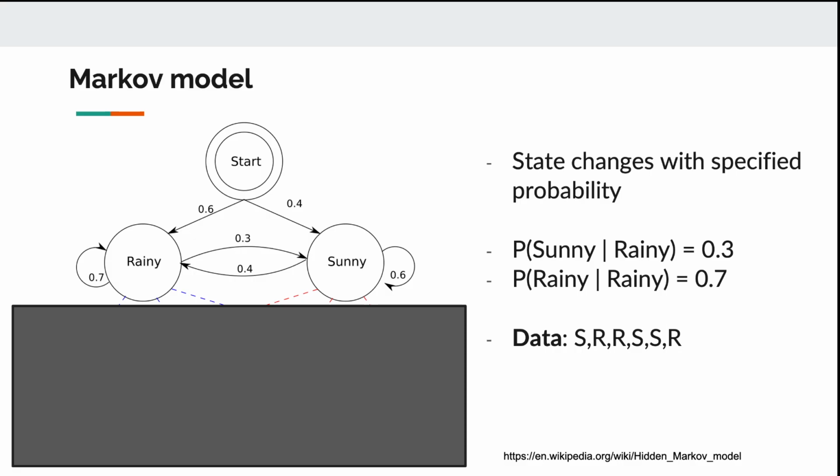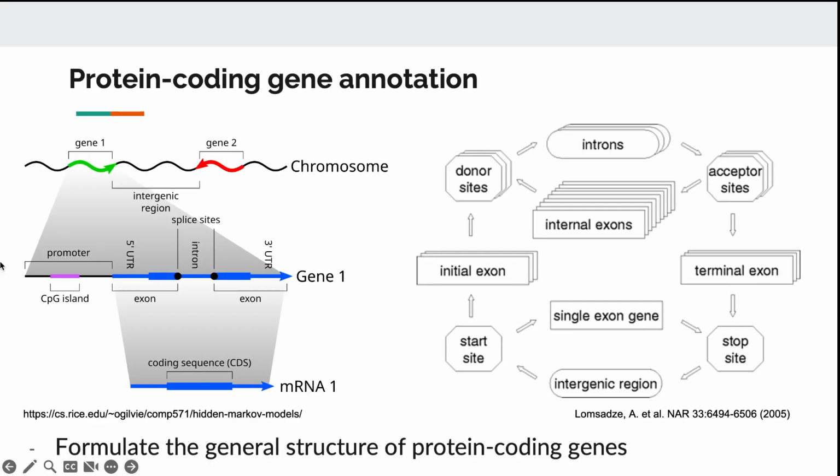So a Markov model is a probability model of states that can change over time. In the case of sequencing, time is the position in the genome. We can think of going from 5' to 3' as going through time. And when we encounter a gene, the state changes from intergenic region to start site to exon to intron and then back to intergenic region.